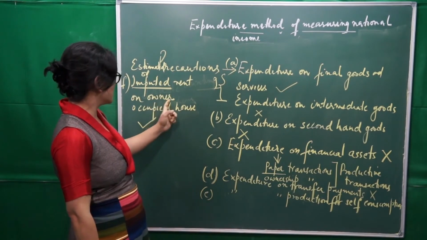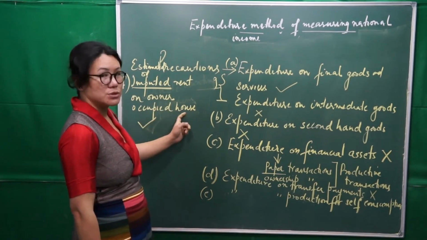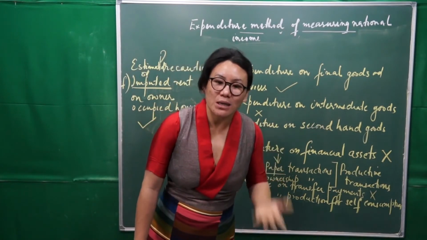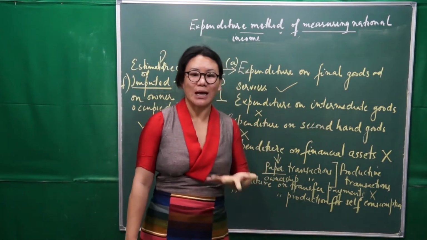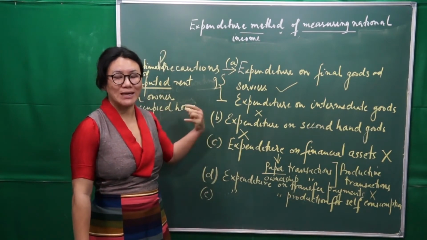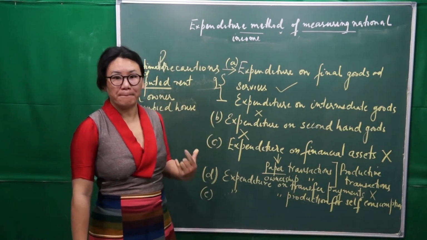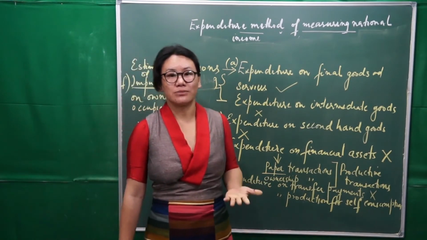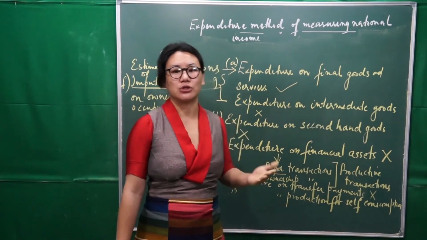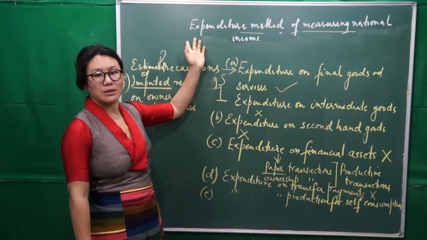House which is occupied by the owner himself or herself. Even if the owner is not incurring any sort of expenditure here, the house is providing a service, right? And the value of such service is included in the estimation of national income by this method.